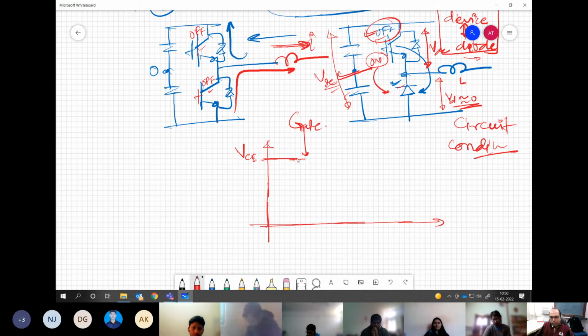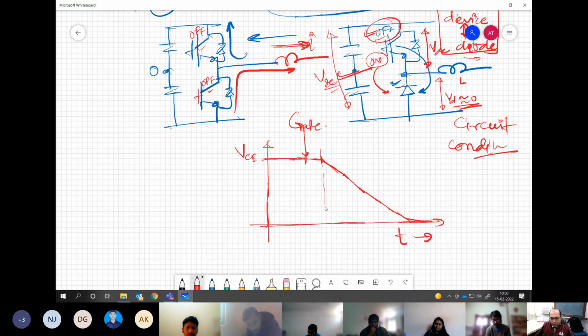So what will happen? As you apply the gate pulse, there may be certain delay before the device will react to that. And then the VCE voltage will start dropping. It cannot suddenly go off. So it will drop slowly and it will go to very close to 0.